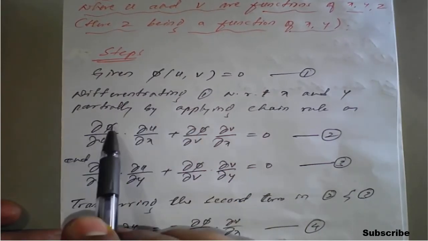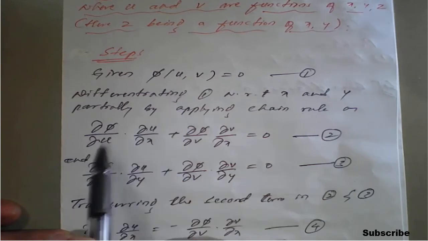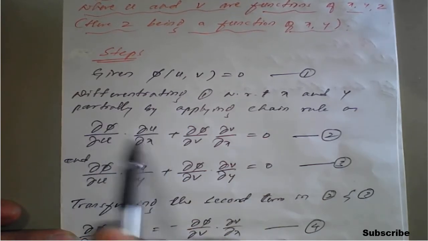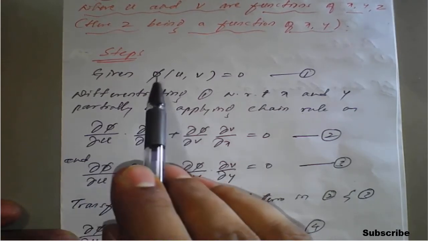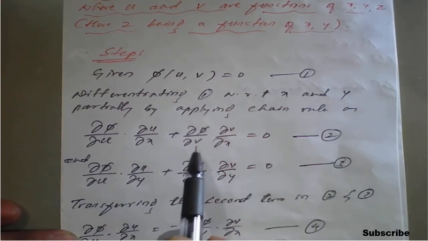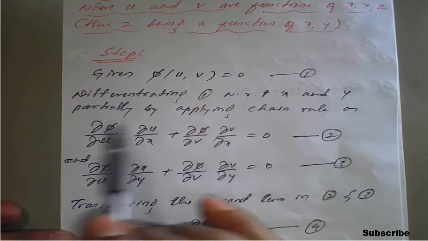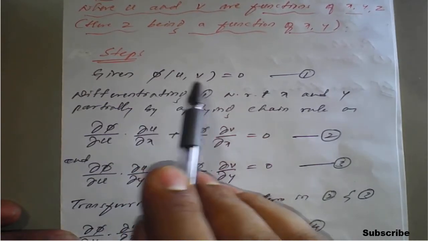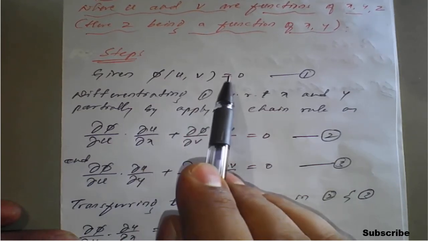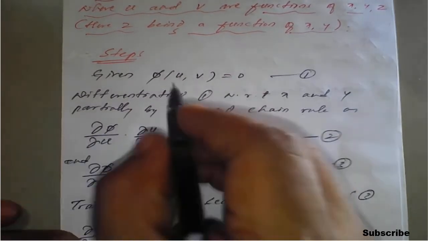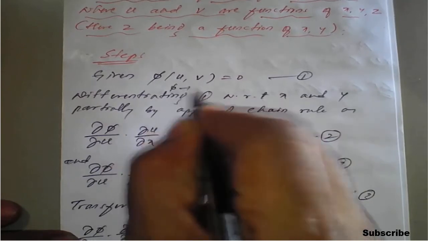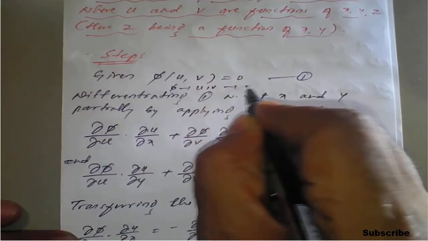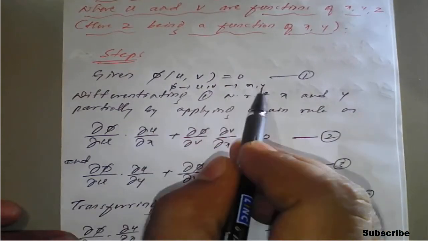So dou phi by dou u and dou u by dou x, and similarly dou phi by dou v and dou v by dou x. This is the chain rule, because phi is a function of u and v, but u and v are functions of x and y. So we need to follow this rule.